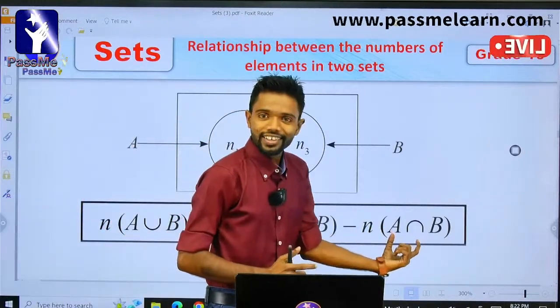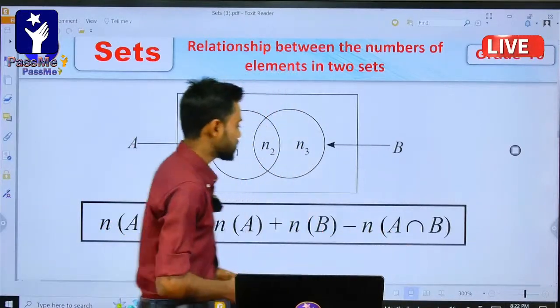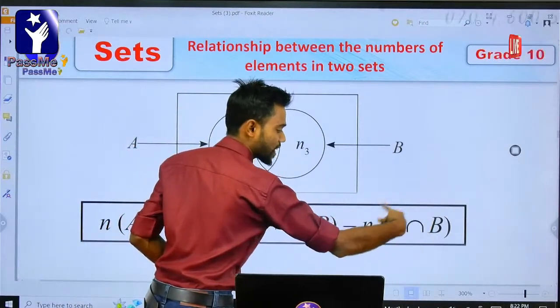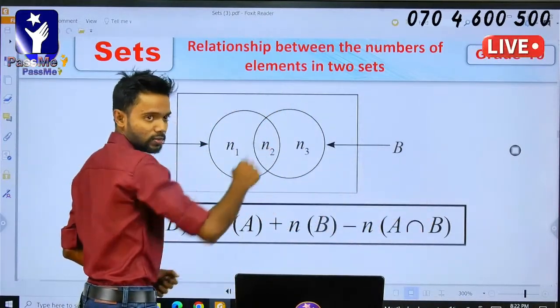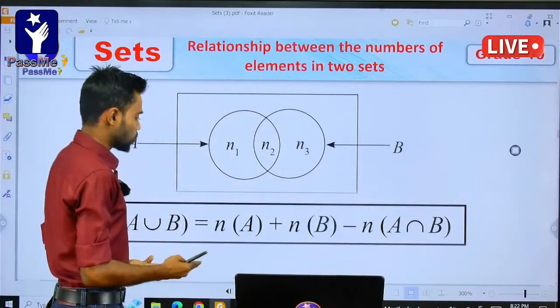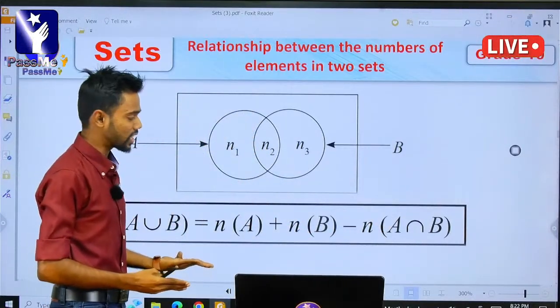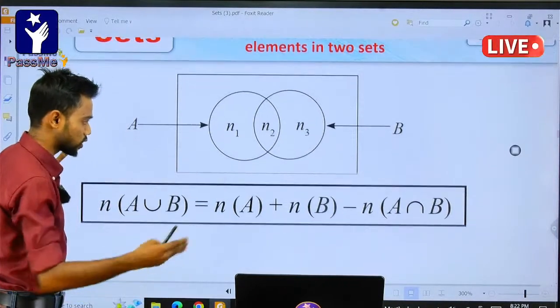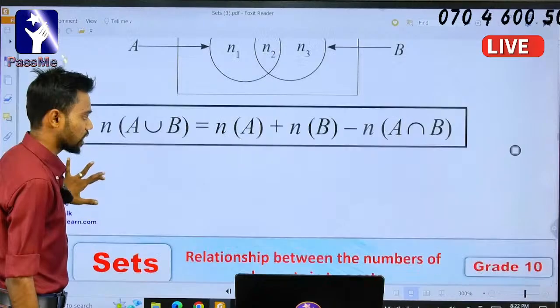What do you mean by intersect? Intersect means the common elements of A and B. This is the place relevant to this one. Now you have to remember this. We will use this equation to do some calculations in today's class in the next couple of slides.